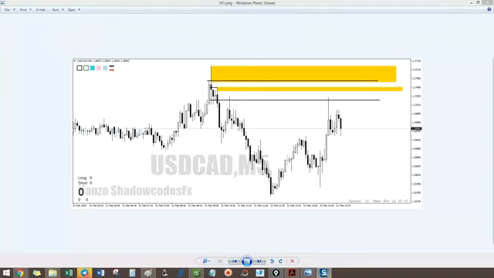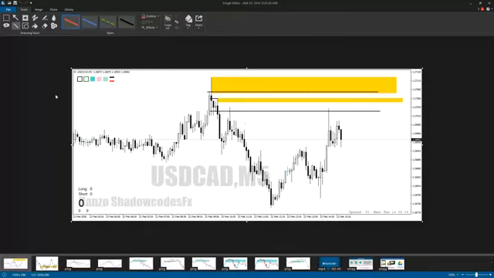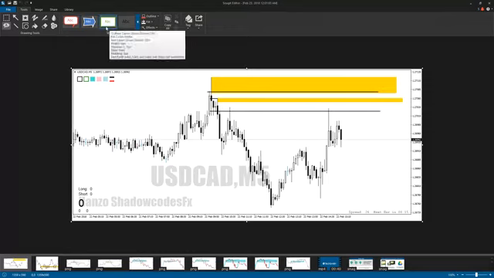Oh, wait a moment. I think we missed our syllabus here because we should be learning the high liquidity zone today. This is a QM. Tools, share image. No, I want just the word.